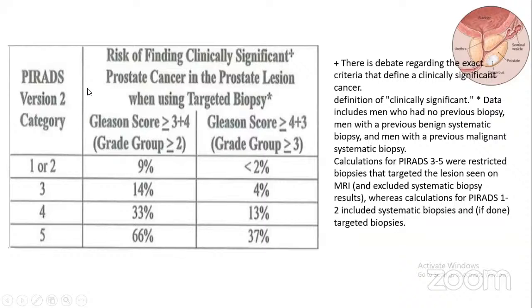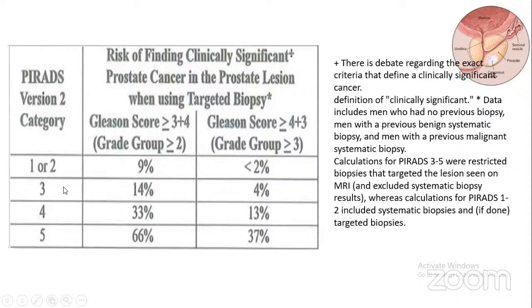This is the PI-RADS version 2 category, and this is a lesion more than or equal to 3 plus 4, or here we have a lesion score more than or equal to 4 plus 3. So in PI-RADS version 2, category 1 or 2 have lesion 3 plus 4, or grade group 2 or more, 9%.